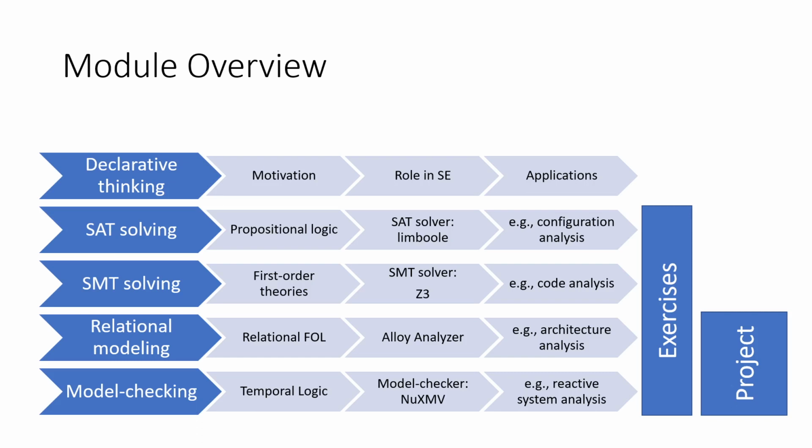So the first homework will always be using the tool manually, and then the second will be automating the use of the tool. So the project will basically always be some more complex thing like the second homework in each chapter.